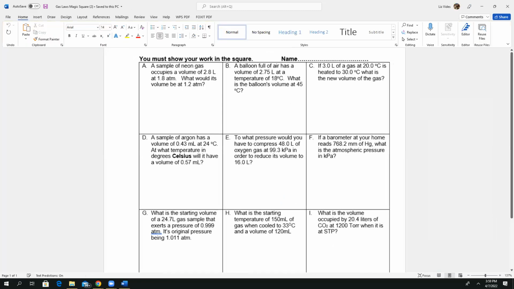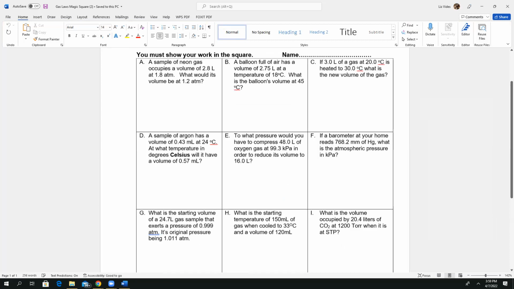But first you have to change it, right? All right, so the first one's a gas conversion. Remember, I told you would have to do those. The next one's an actual problem. The next one's another problem. This one is a Celsius problem, but it is also a problem. So in other words, you have to convert it back.